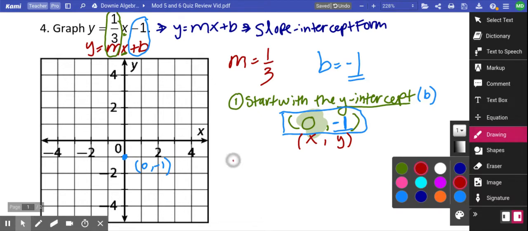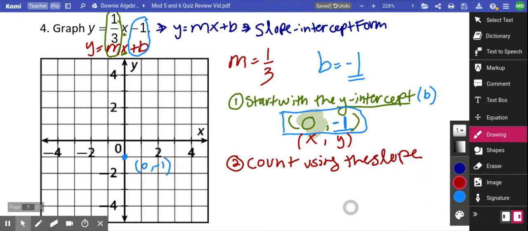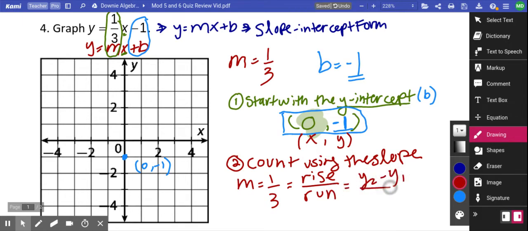Then I am going to count using the slope. My slope was 1/3. Recall that slope is rise over run, or the change in y over the change in x.